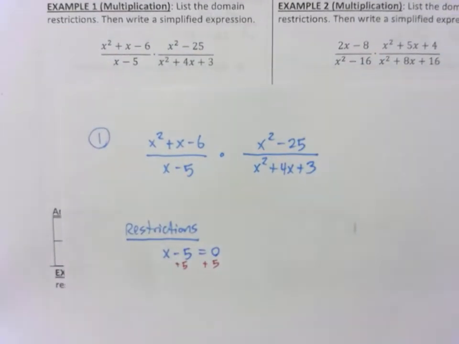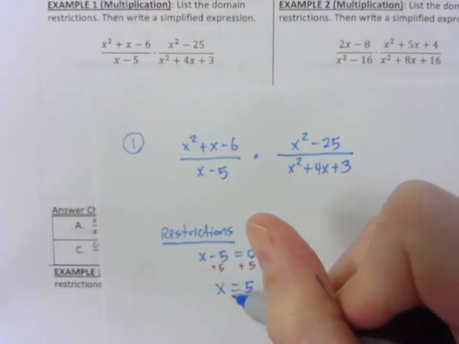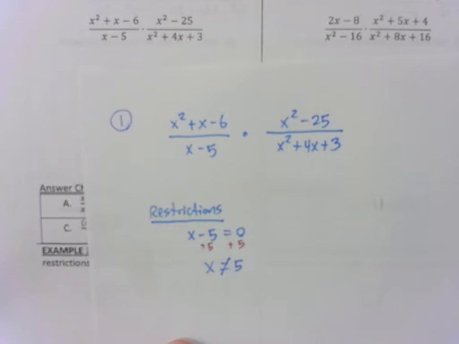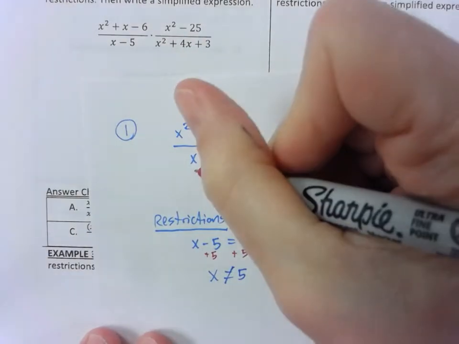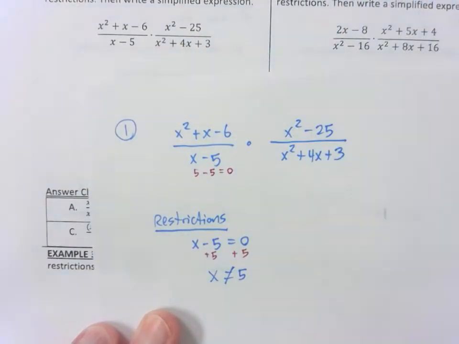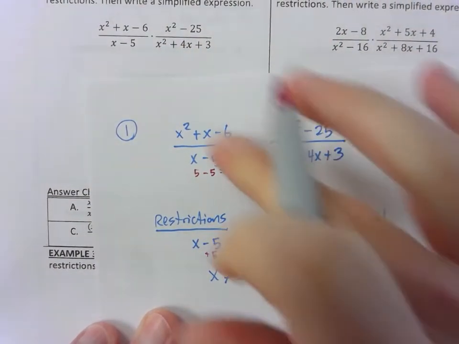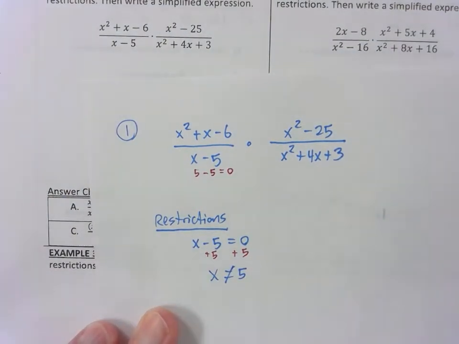So that means that our domain restriction is x is equal to 5. We say x cannot be 5 because you're not allowed to plug 5 into this function. If you did, you would have 5 minus 5, and that would be 0, and then you'd be dividing by 0. It doesn't matter what's over here. If you're dividing by 0, that's going to give you an error. So that's one of your restrictions.